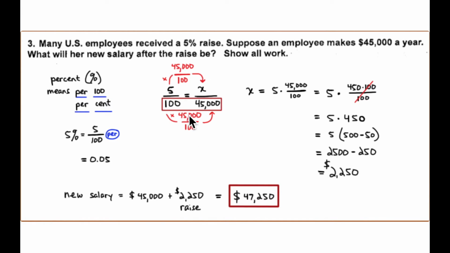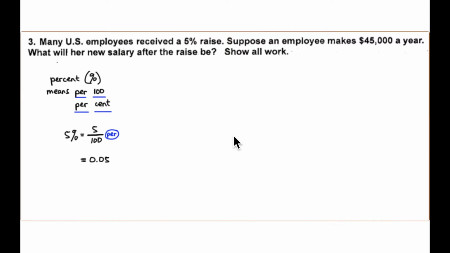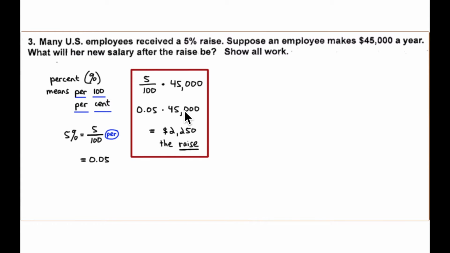Most people will not do that. Most people will move directly to thinking about percent as a fraction of a number. So 5% is a fraction or a portion of 45,000. So that fraction is 5 hundredths, or 5 hundredths as a decimal value, and then you just plug that into a calculator and you get that same raise, $2,250.